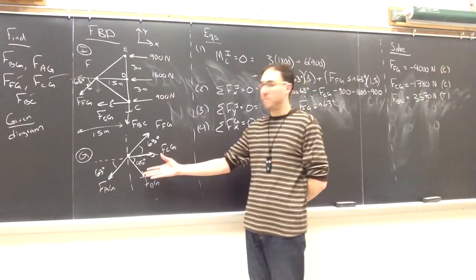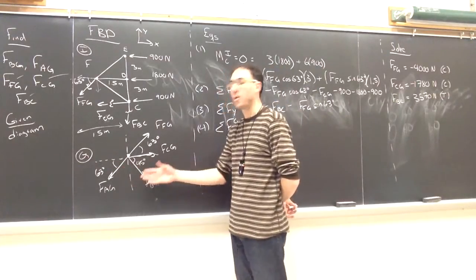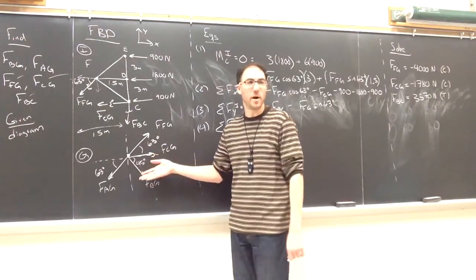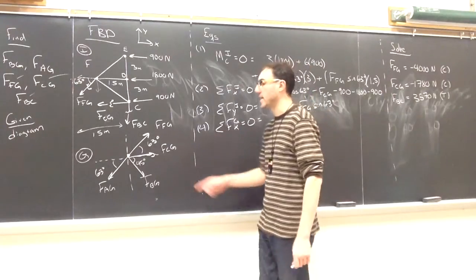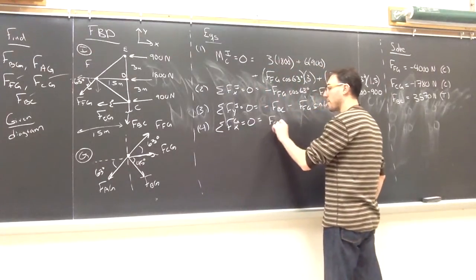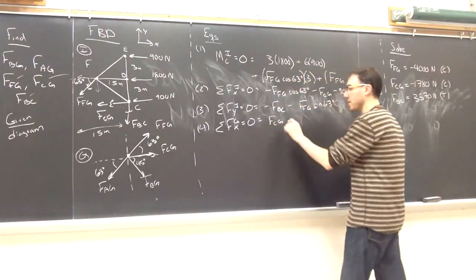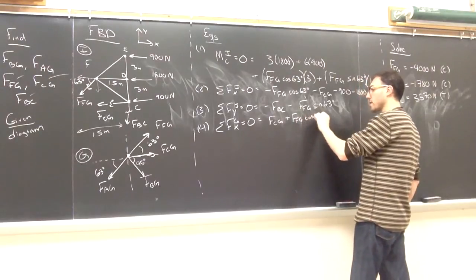And if we look at the picture G, the 2 things we have left in here both have x components, both have y components. So unfortunately there's not really one direction to start with that's going to be better. So I'll just start in the x direction. From the picture, FCG is to the right. FFG is also to the right, cosine 63.